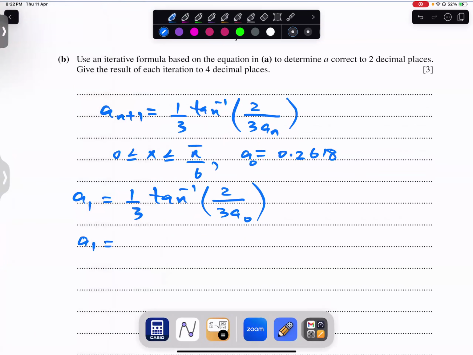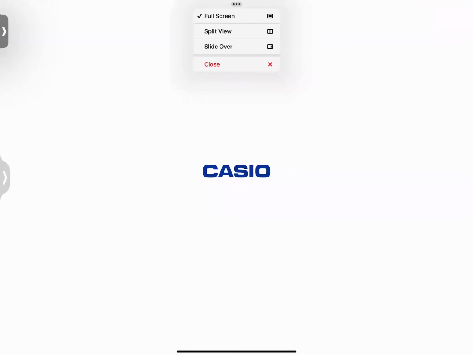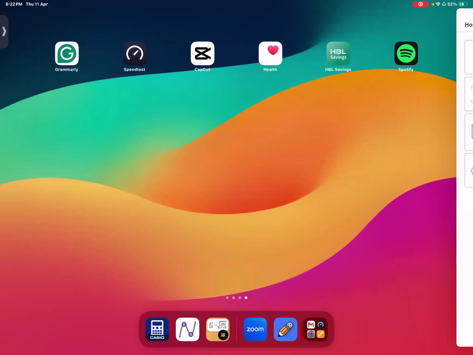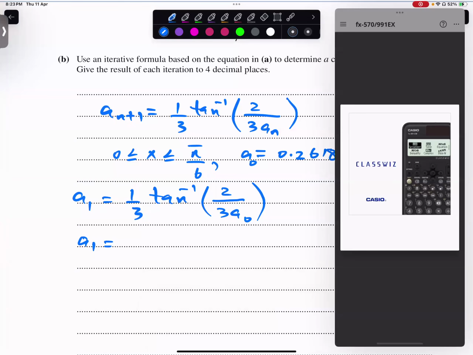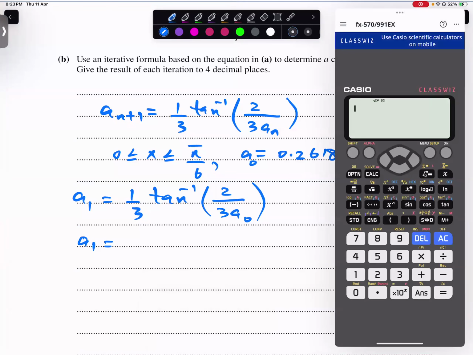We will use a different calculator for this question especially. First of all, set the calculator on radians.